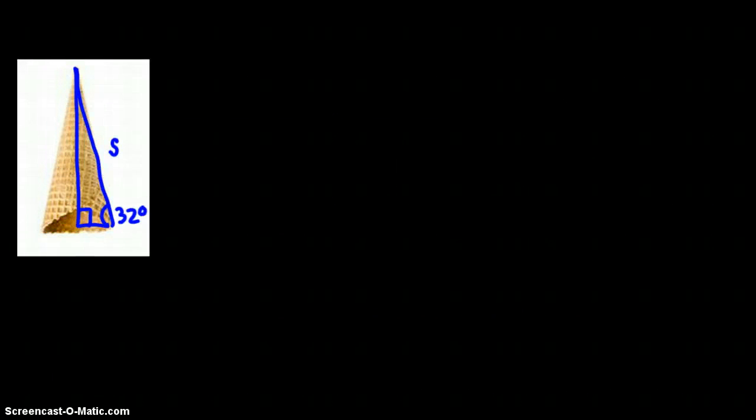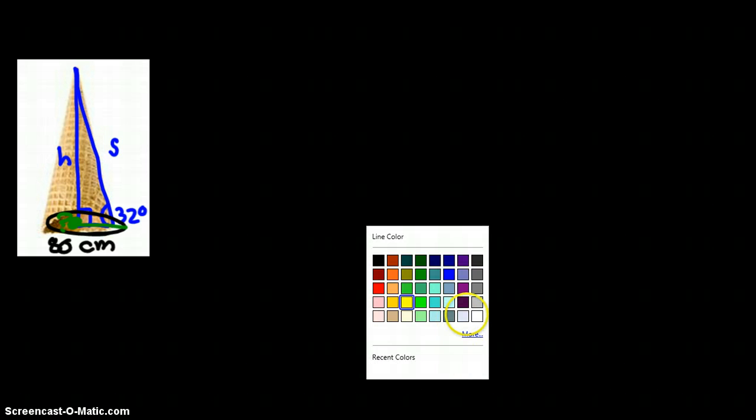Okay, so now let's solve. So it says that you have the circumference, which is down here, and they said that this is 80 centimeters. But you do not have the radius, or the height, or the length. So first we want to find the radius.